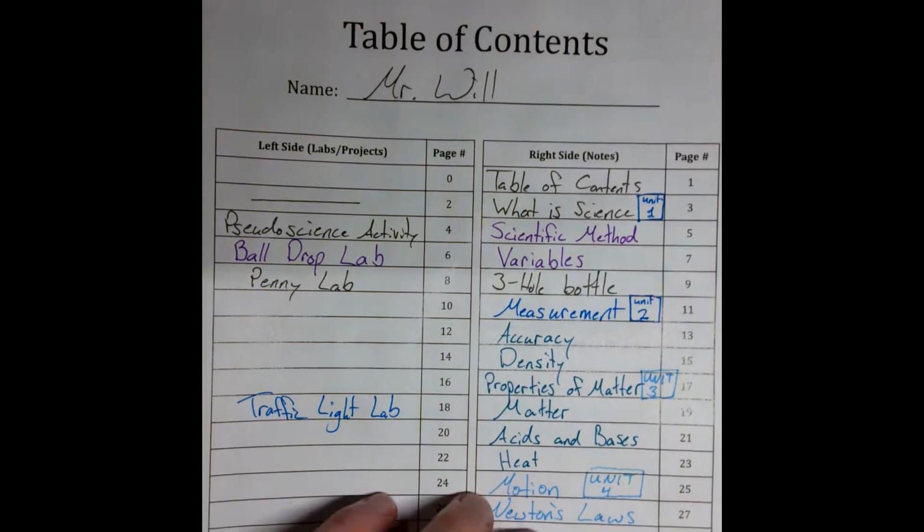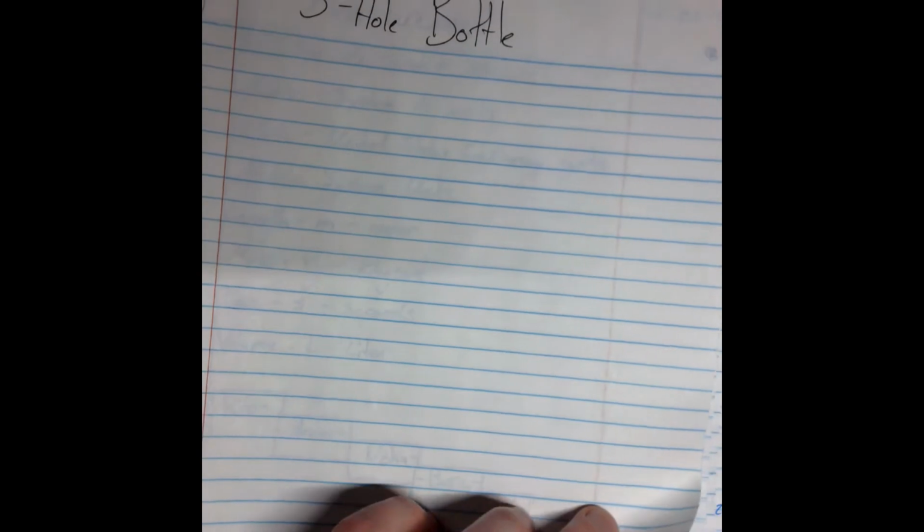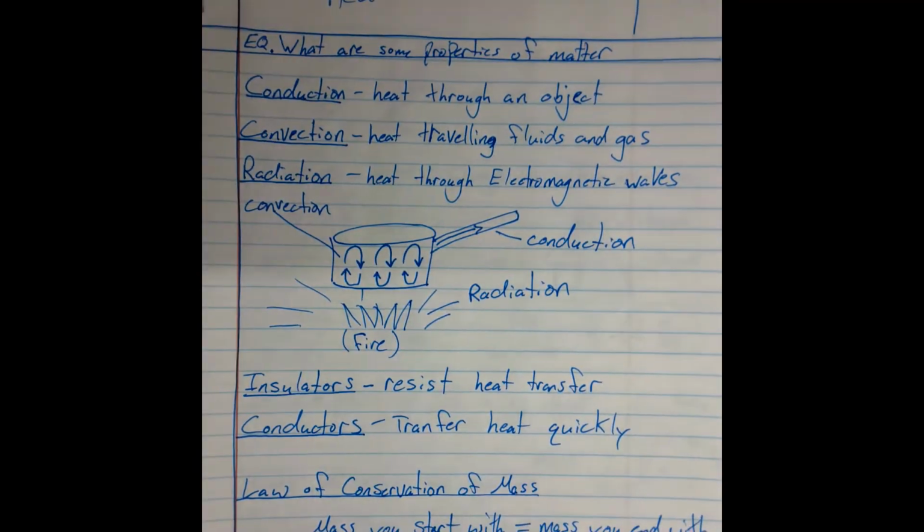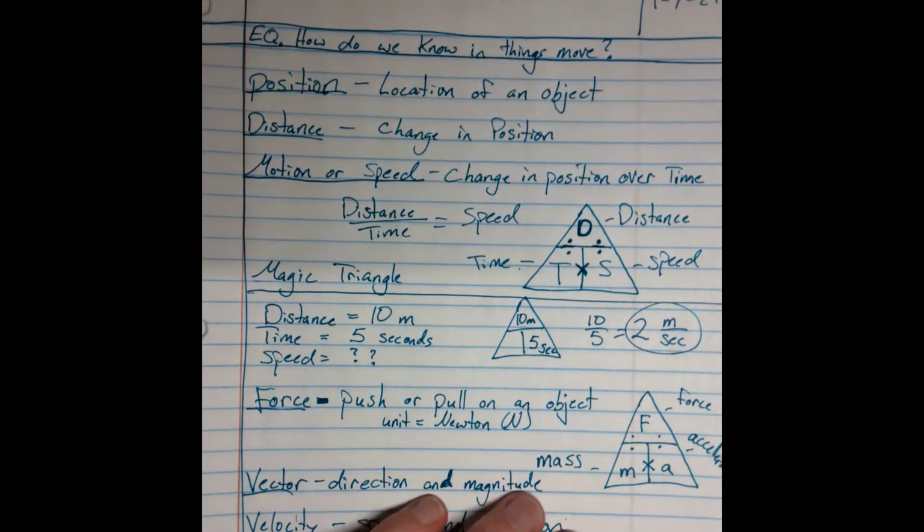So, let's go through until page 27. All right. So, first thing, page 27. I'm going to set up my Cornell Notes because that's what we're taking.